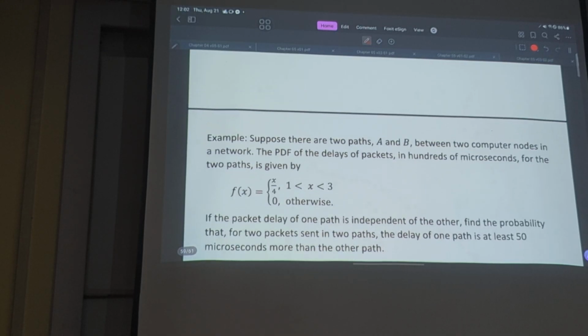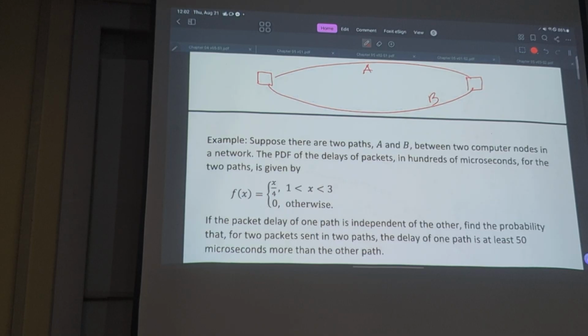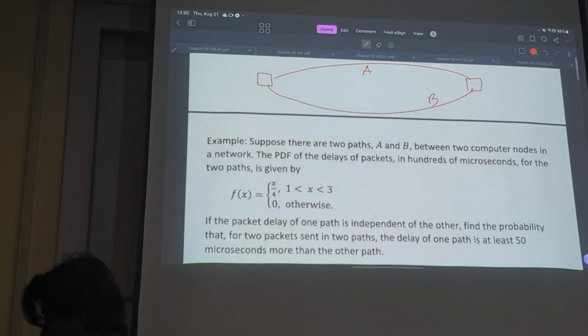Okay, focus on this problem. Suppose that there are two paths, A and B, between two computer nodes in the network. This is path A, this is path B. The PDF of the delay of packets is in hundreds of microseconds.